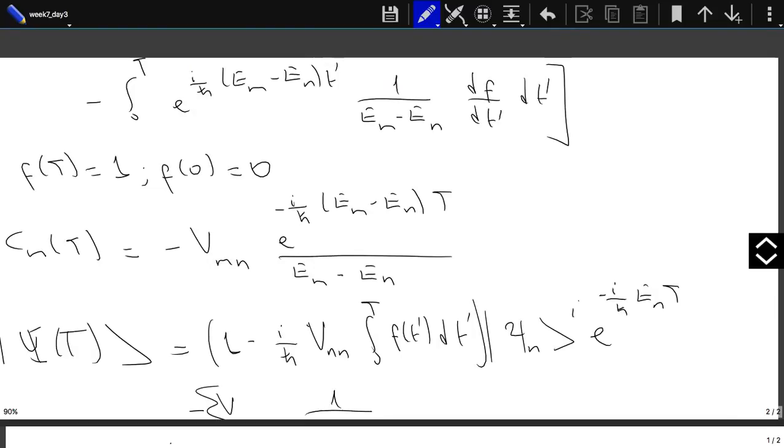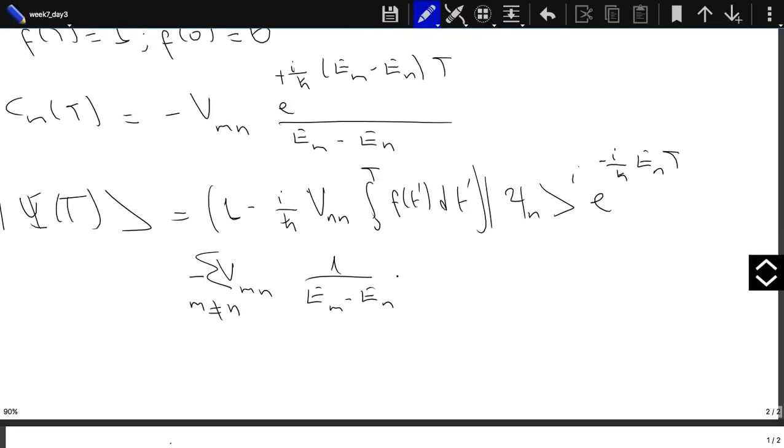Now this is plus, but this one gets multiplied by e to the power minus i over h bar Em of t. So what is left is still e to the power minus i over h bar En of t, and psi m.